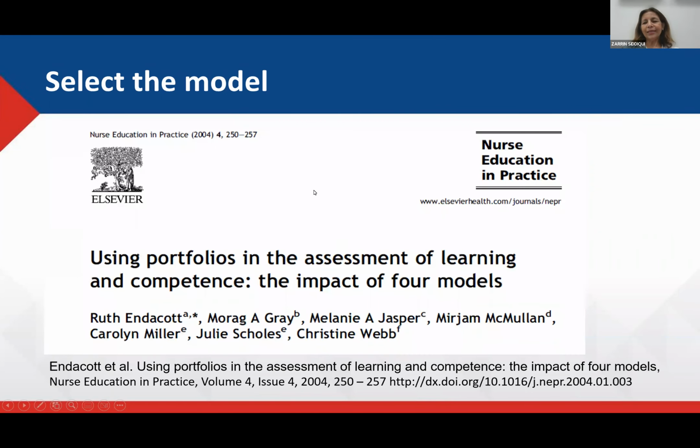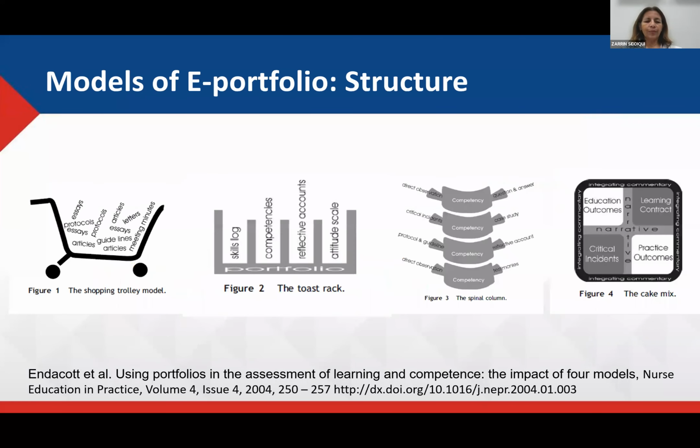Once you have done that, then think about which model is best suited for your needs. I will give you examples from 2 studies. The first one is using portfolio, and this study actually provided us with 4 types of models. But these models are mainly dependent on the structure of your e-portfolio.